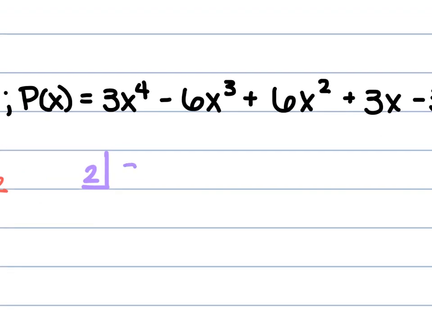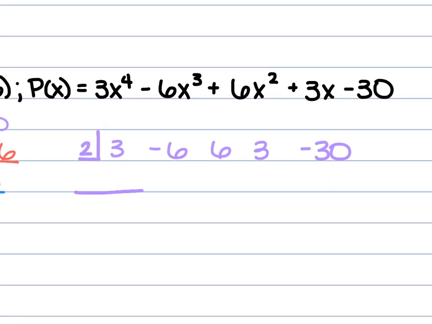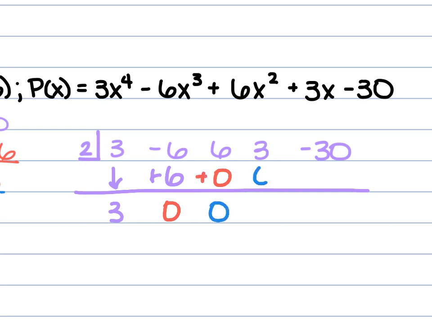On the outside, we're going to have a 3, negative 6, positive 6, 3, and a negative 30. So we're going to bring down the first 3, multiply it with the 2, we get 6, add it with the negative 6, we're left with 0. 0 times 2 is 0, add it with the 6, we're at 0. 0 times 2 again is 0, add it with the 3, we have 3. 3 times 2 is 6, add it with the negative 30, we have negative 24.